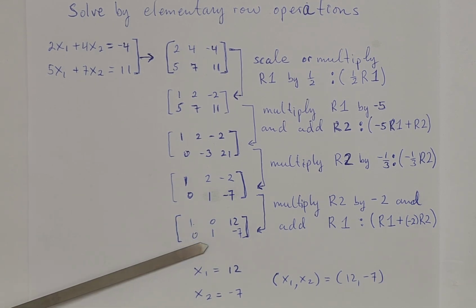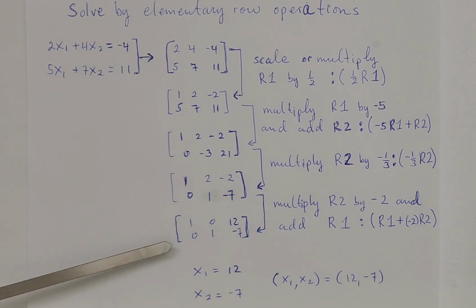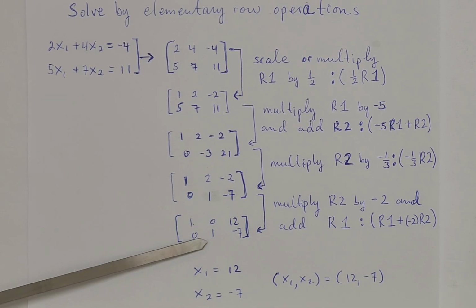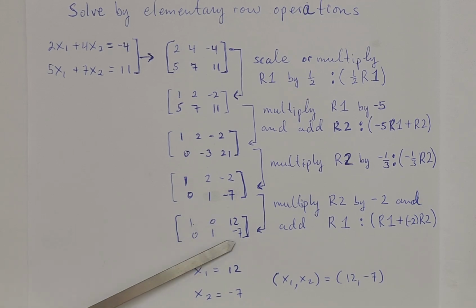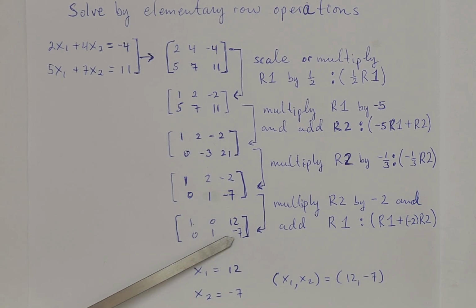We are completely done. We changed this form in the beginning into this form: 1, 0, 0, 1. These two numbers are our solutions, 12 and -7. So x1 is 12, x2 gives me -7.